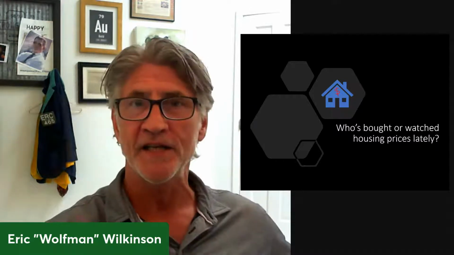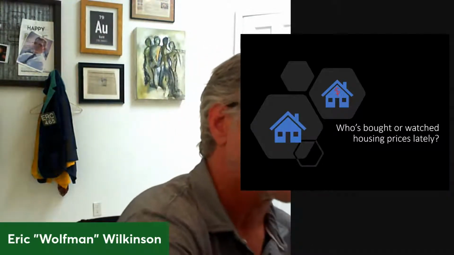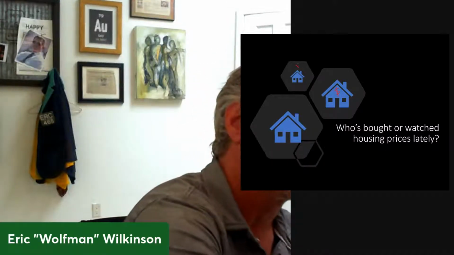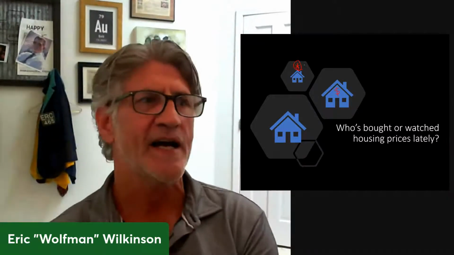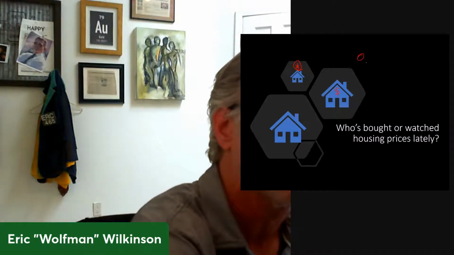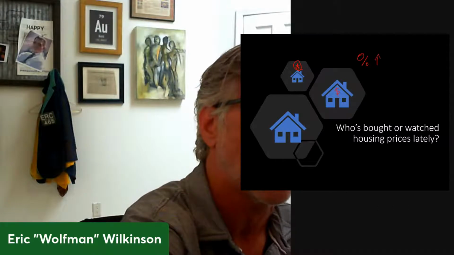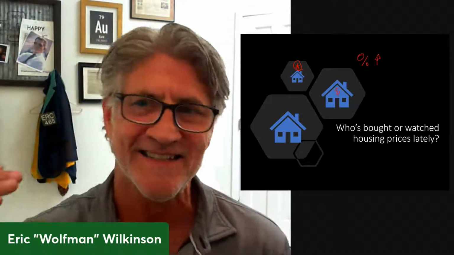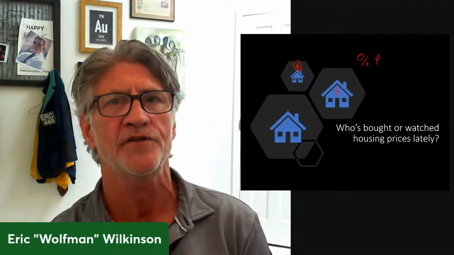If you've been paying attention the last few years, well, they've gone up in value, right? So recently we've seen home prices jack up, but we've also seen, back in 2008, 2009, the housing crisis.